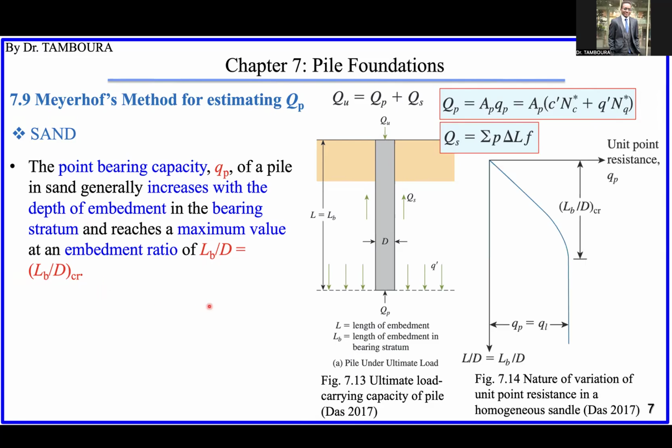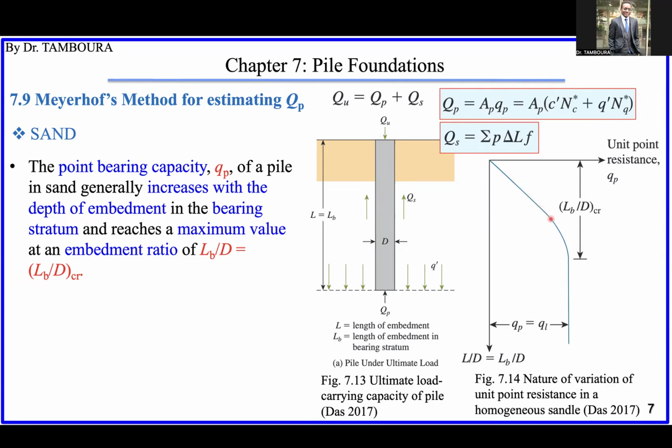There is an illustration of this here. This Figure 14 is showing us. The horizontal axis is for the tip capacity, the end bearing capacity, and this is depth, the ratio L divided by D. You can see the end bearing capacity is increasing with depth.